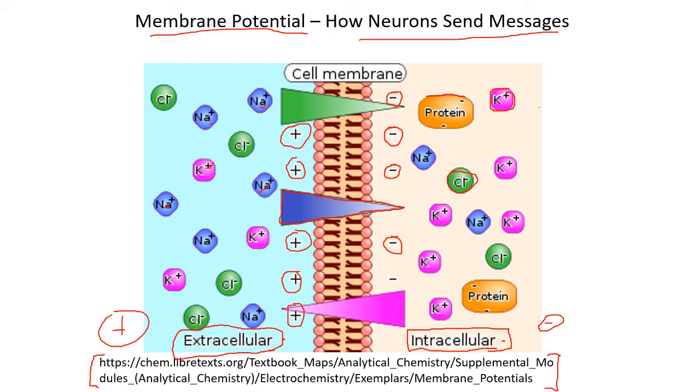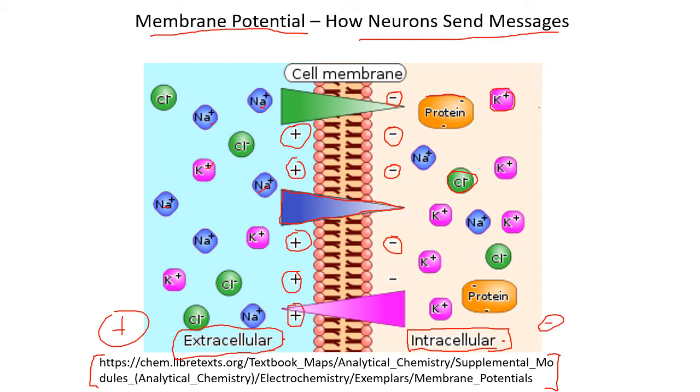So what happens is when a neuron gets a signal that says, okay, we need to send a message, send an impulse, an electrical impulse, which is how our neurons send those signals, right? So we need to send this electrical signal down our axon to another neuron or to an effector.